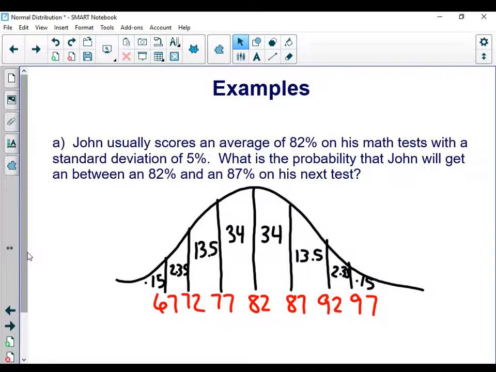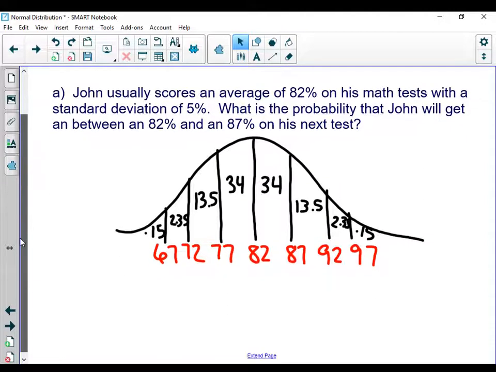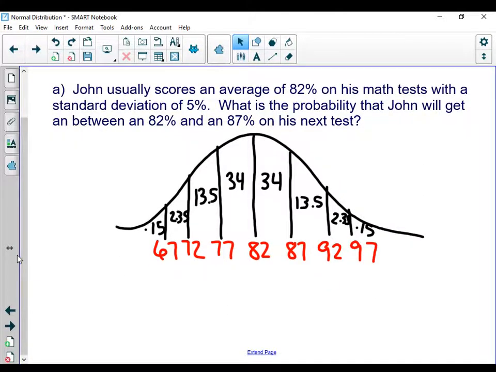Now they ask us the question, what is the probability that John will get between an 82 and an 87% on his next test? So once it's set up, and let me tell you this: if the numbers that are up here in the problem aren't down here on the line, you added wrong. They don't really deviate from those problems.